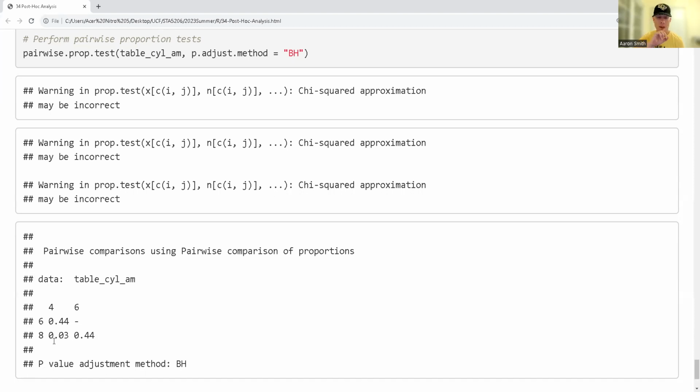So notice that this hypothesis test says that the proportions for 4 and 6 are the same, that the proportions for 6 and 8 are the same, but it says that the proportions for 4 and 8 are not. And so we can get this conundrum going, and this paradox. So just be aware of this. This can happen. If I have more data, typically this won't be a problem. If I have a large amount of data for each subgroup, I typically won't have this headache.